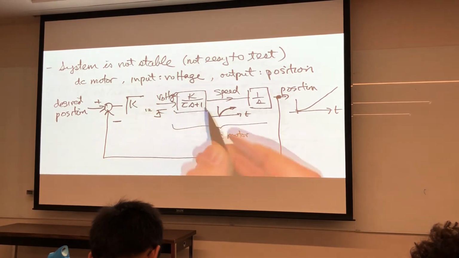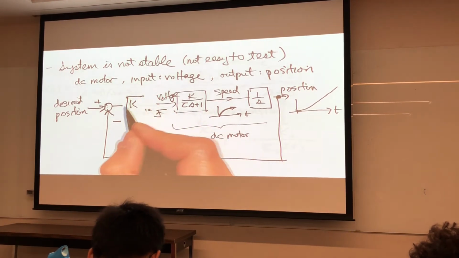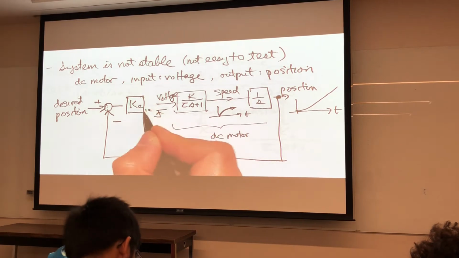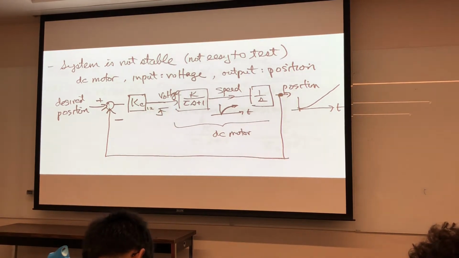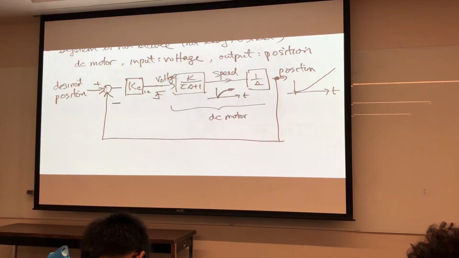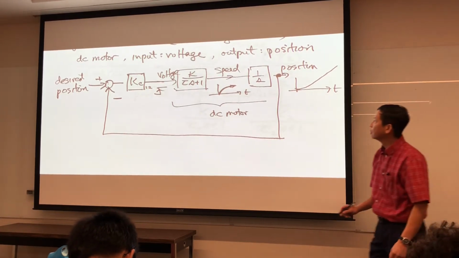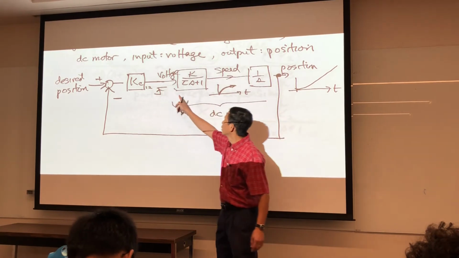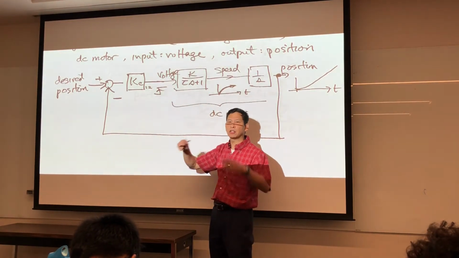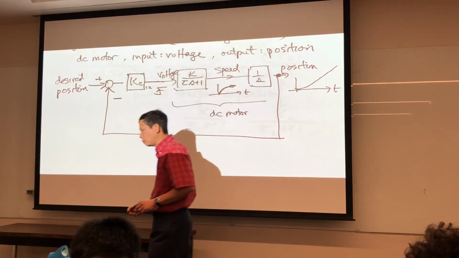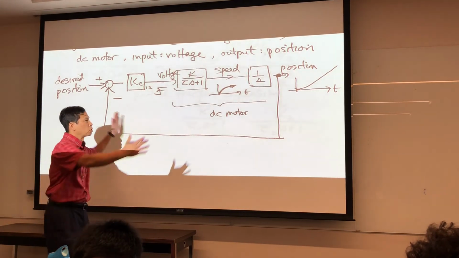Let's call it, not this K, but a different K. Let's call it K the compensator, KC, like this. Now I test not the motor, but I actually put it into my application. I test my application as a whole.